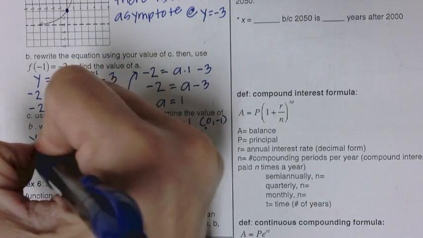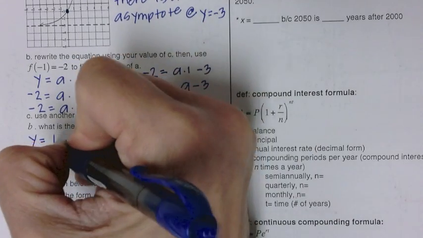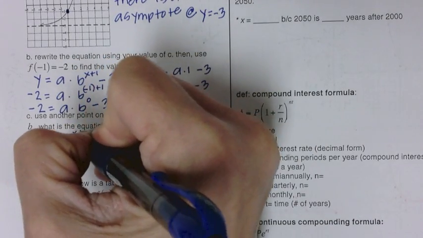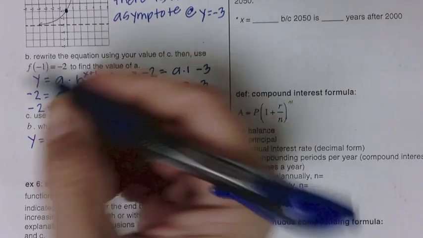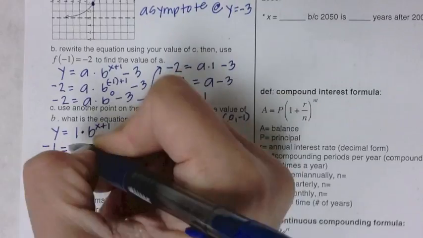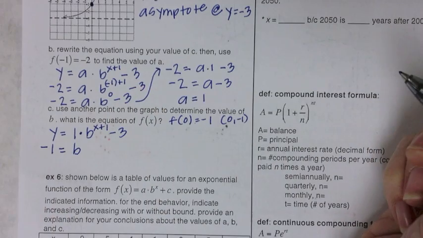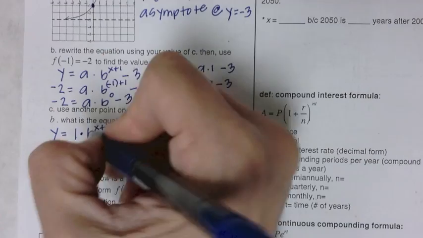So right now the equation that we have is 1 times b to the x plus 1 minus 3. At this point, we all acknowledge we don't need that 1 there anymore because 1 times anything is itself. So I'm going to just stop writing the 1 and then plug in the 0.